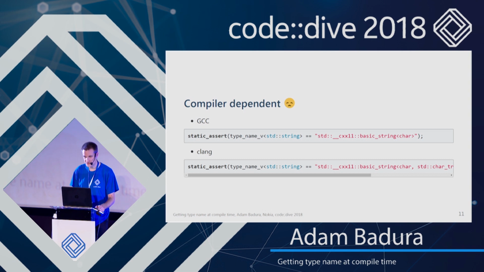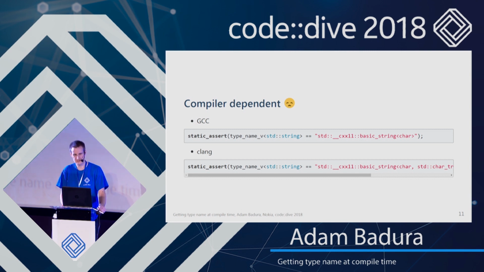And obviously, it's compiler dependent. With the simple types like the built-in int, bool, they are all consistent and they show as you expect. They don't have to, because it's based on a compiler vendor-specific extension, but they are consistent about it. But when it comes to complex types, well, they differ.